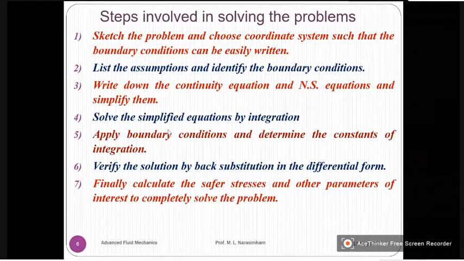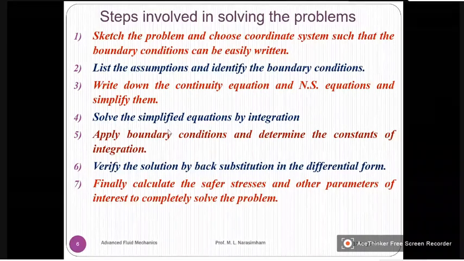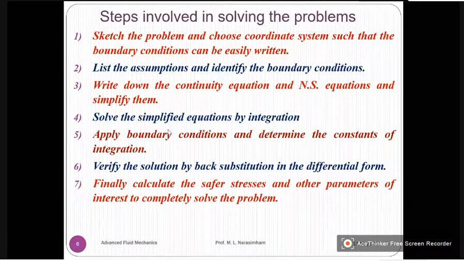Then solve the simplified equations by integration. Now, when you integrate, you will get certain constants of integration, and these constants of integration can be determined by applying the boundary conditions. So that is the fifth step.